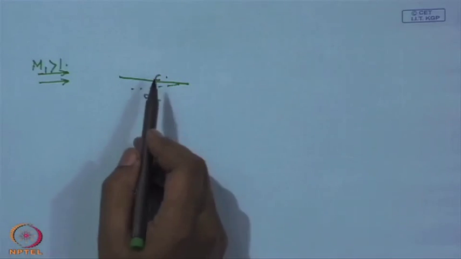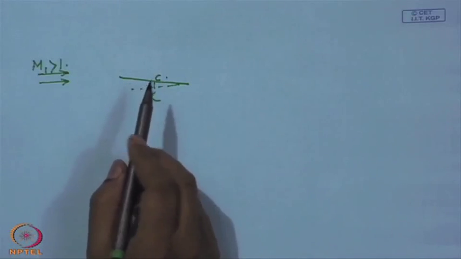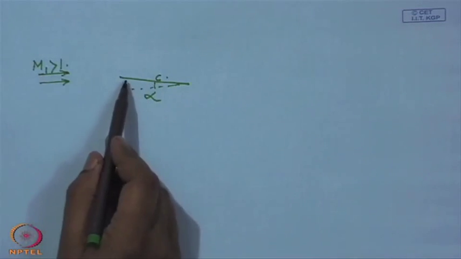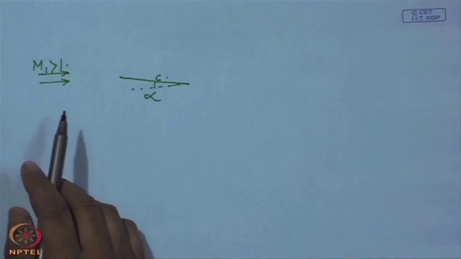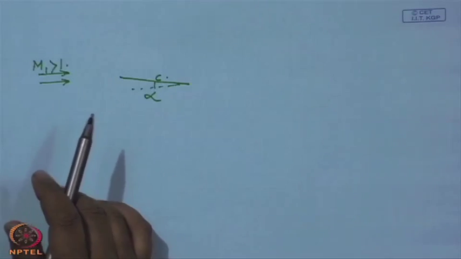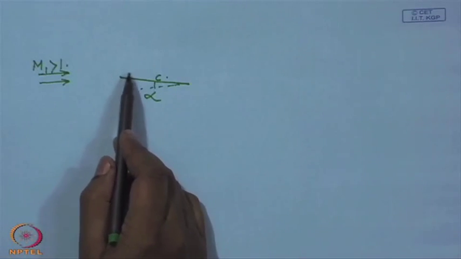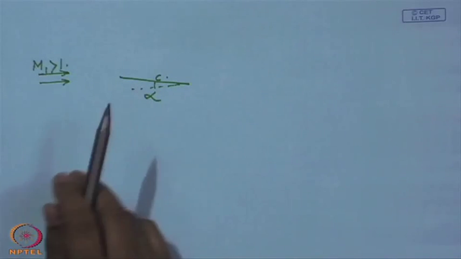Now, since there is no upstream influence in a supersonic stream, the streamlines ahead of this plate remain straight and the upper surface flow is independent of the lower surface flow.